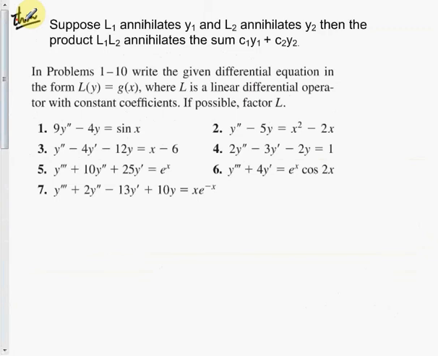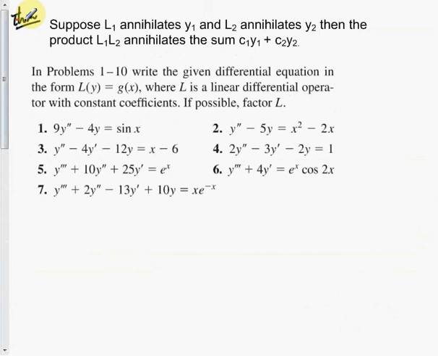But let me say that suppose L sub 1 annihilates some function y sub 1. And then also suppose that L sub 2 is the annihilator for y sub 2. Then the way you would annihilate, for the superposition principle, c sub 1 times y sub 1 plus c sub 2 times y sub 2, it's going to be the product of the annihilators.